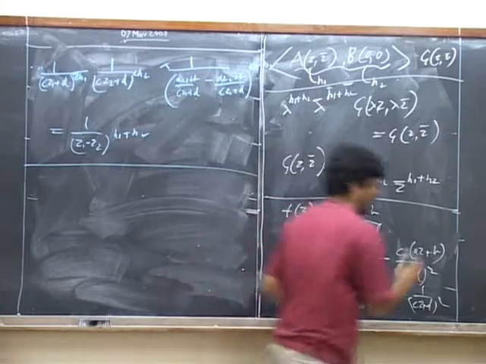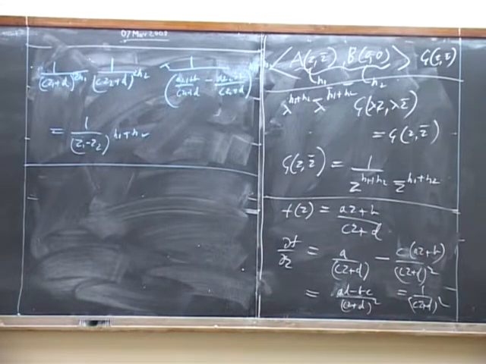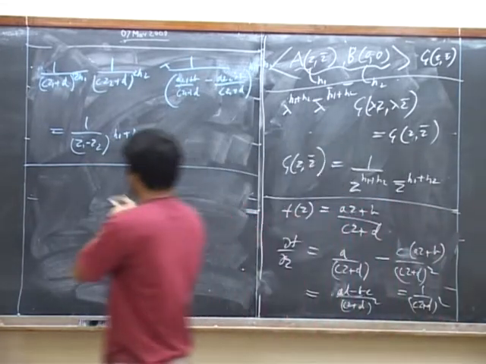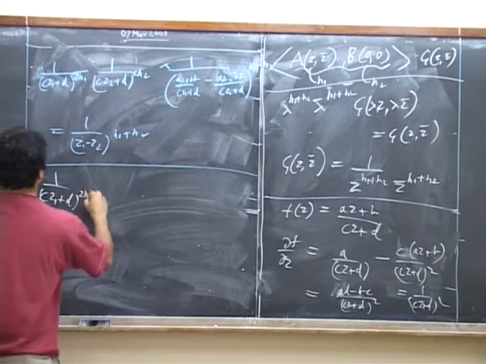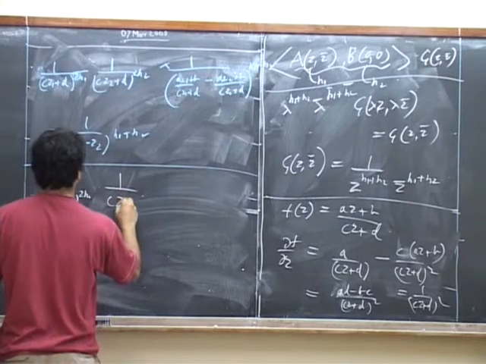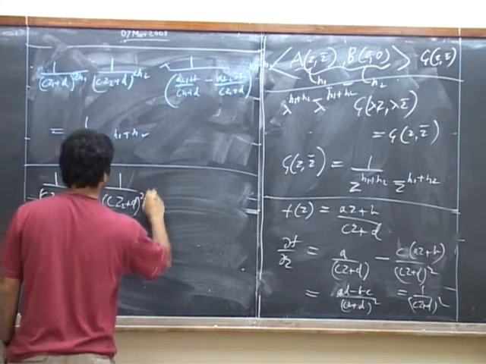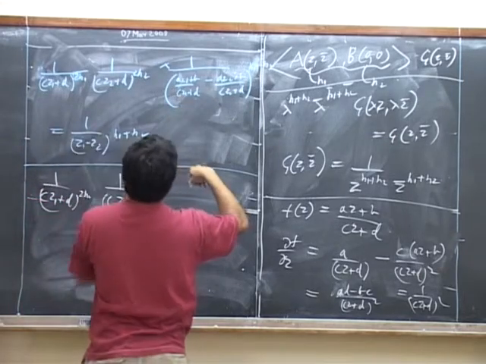So the left hand side here is 1 over Cz1 plus D to the 2h1, 1 over Cz2 plus D to the 2h2, times what?